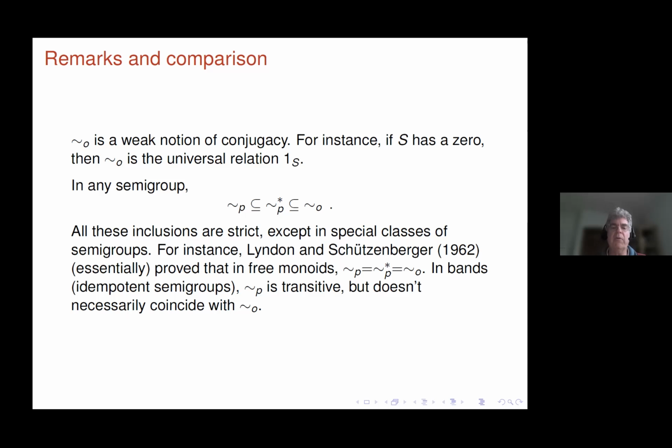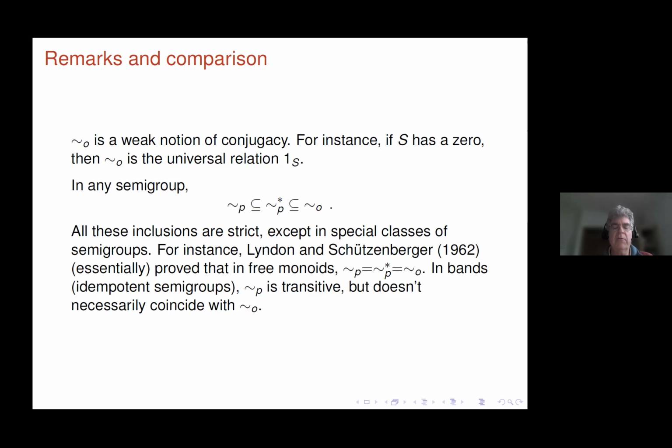So in any semigroup with 0, and many semigroups do have zeros, in fact, asymptotically, for finite semigroups, it's believed that the ratio of semigroups with a 0 to all semigroups approaches 1 as the orders of the semigroups get bigger. This is not proven, but this is a general feeling.